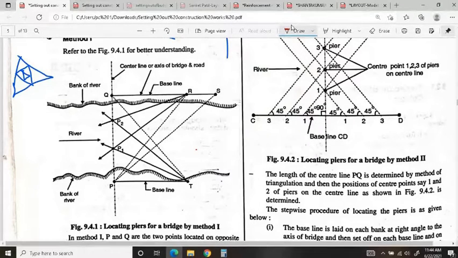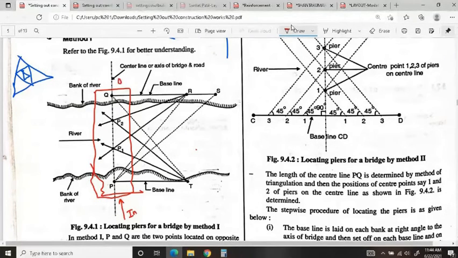I want to construct a bridge here, where my vehicle will move from here. This is in and this is out.